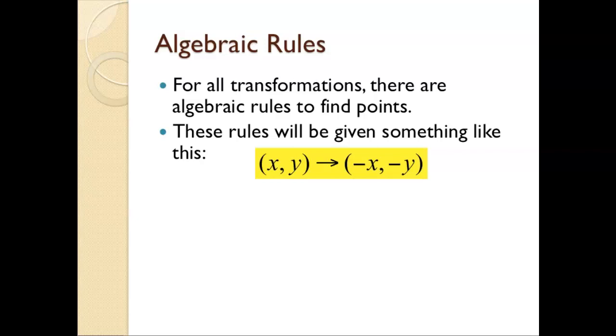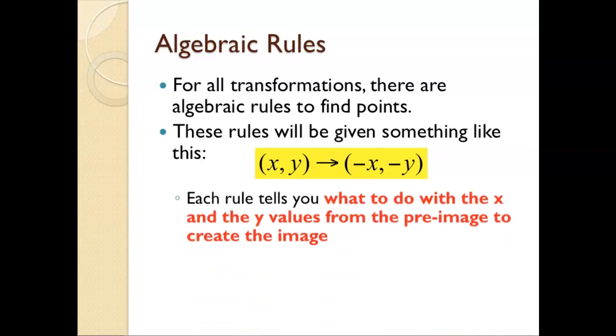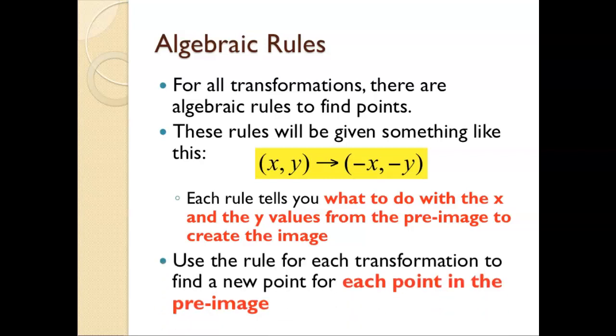So it becomes negative x, negative y. Each rule tells you what to do with the x and y values from the pre-image to create the image. You'll use the rule for each transformation to find a new point for each point in the pre-image.